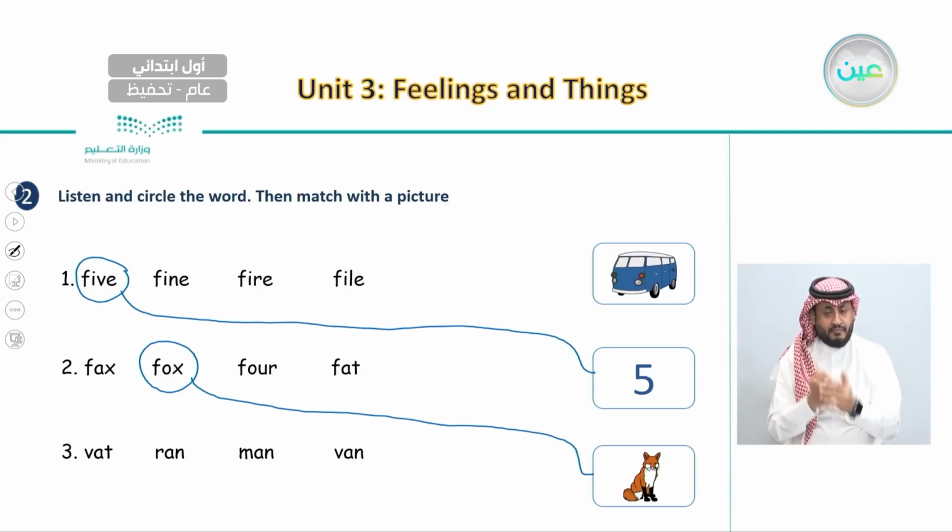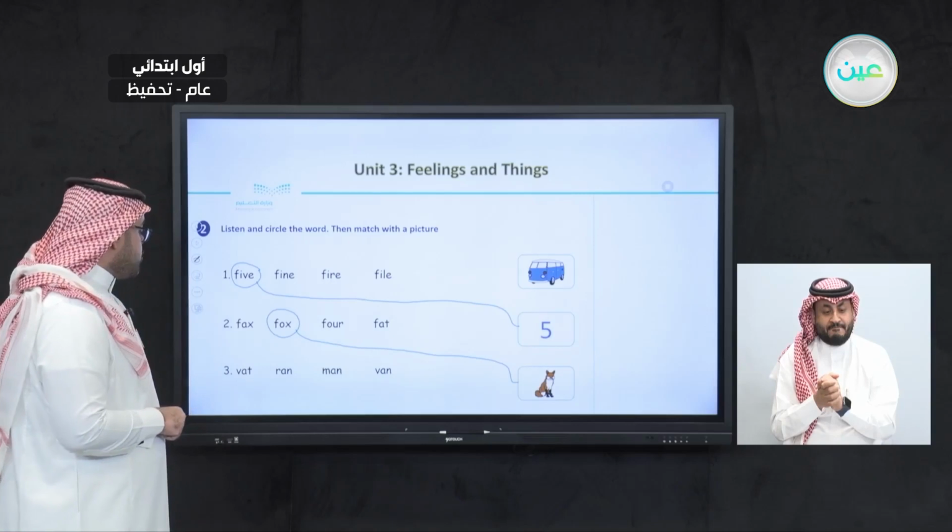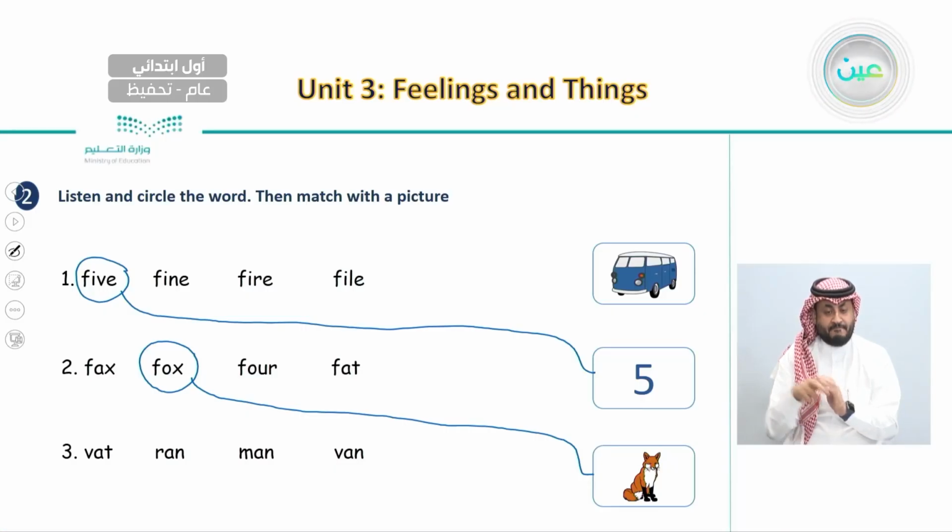Now let's listen to the third word. The third word is van. So which of these is van? It is the last one. So here we circle the last one and then we match it to the picture, van.